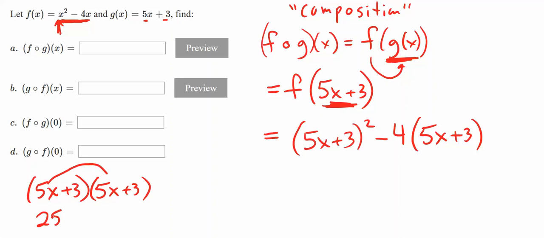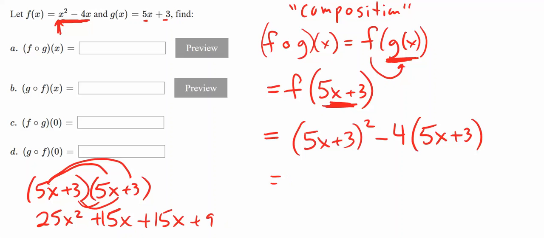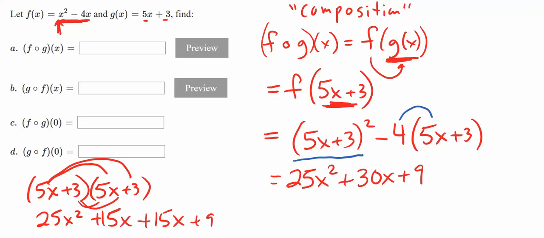That's going to be 25x squared, and then 15x, another 15x in the middle, and then a 9 at the end. So I got 25x squared plus 30x plus 9. That's just squaring this out. Then we also have to distribute the negative 4 in here, so negative 20x, and a minus 12.